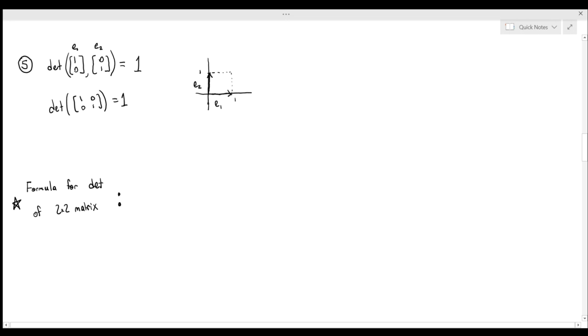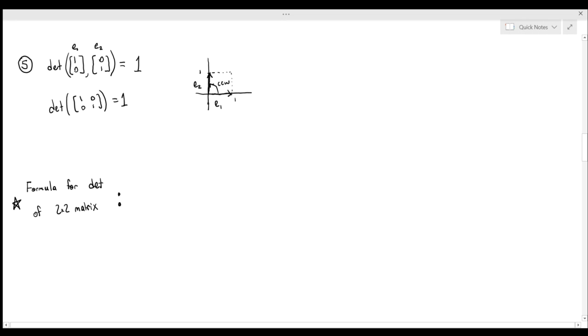And here that's pretty clear. If I draw the vectors e1 and e2, they form a square whose side lengths are equal to 1. So the area is 1, and e1 followed by e2 has a natural counterclockwise orientation, so that's why the term is positive.